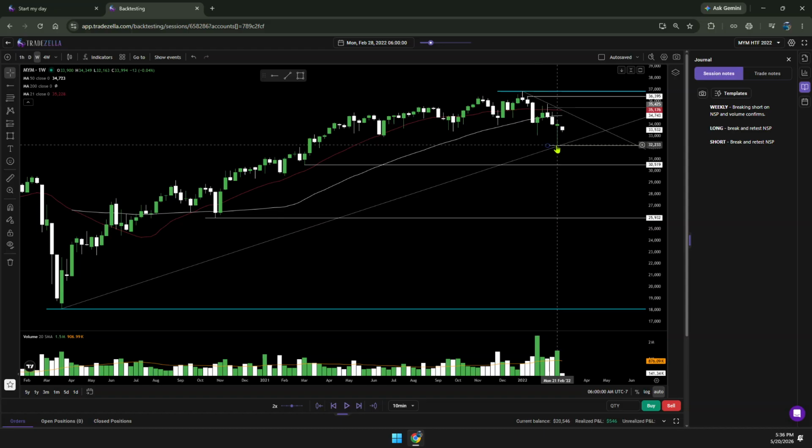So I'm looking at this thinking, where is the weekly? I want to make a note of what the weekly is doing. Okay, on the weekly, we have a break of the narrow state position, bearish.